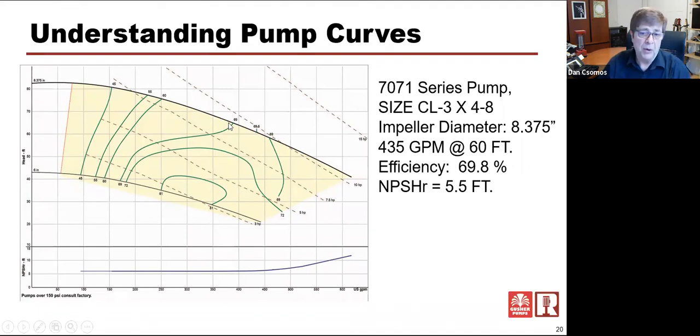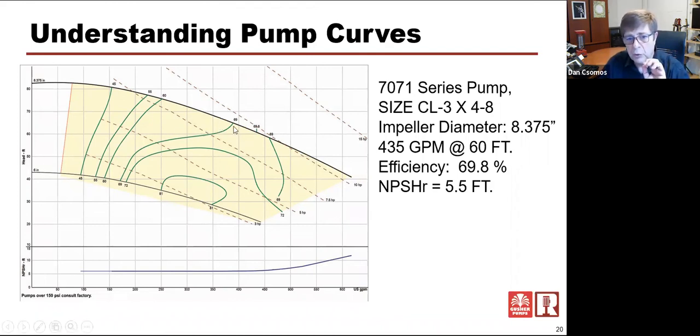Maybe it's worn bearings causing too much friction. Maybe there's something interfering with that rotation of that impeller. Maybe there's something blinding off the impeller, partially causing a difference of performance. But all of these things should correlate to each other: the horsepower, the flow rate, the pressure rate, and they all should pretty much match what this curve says.